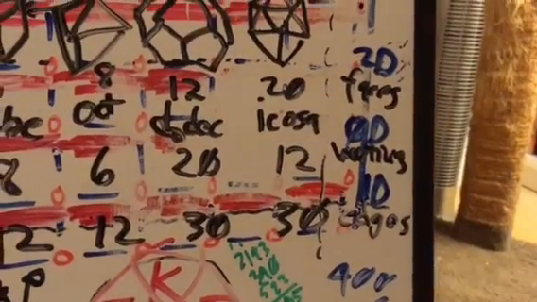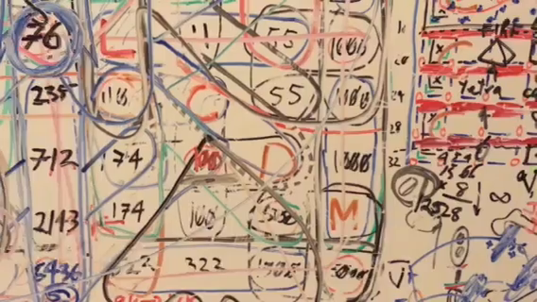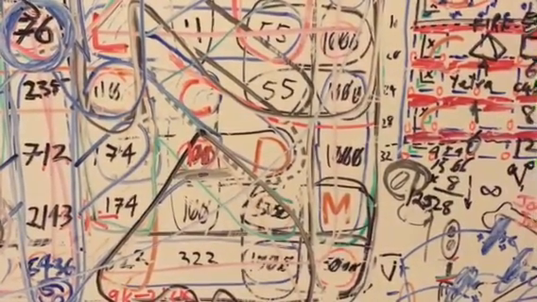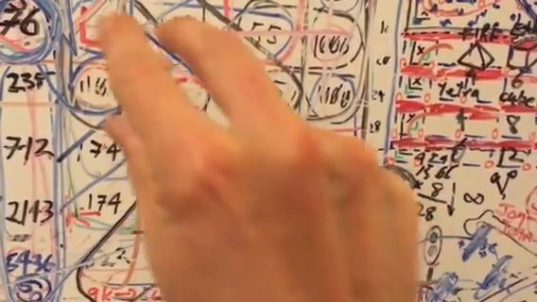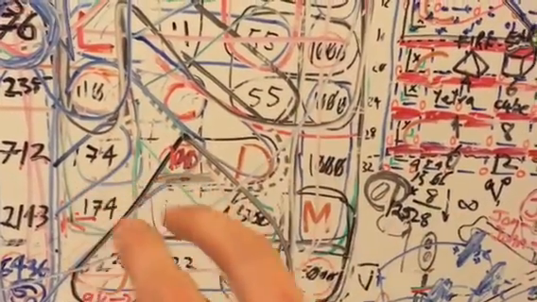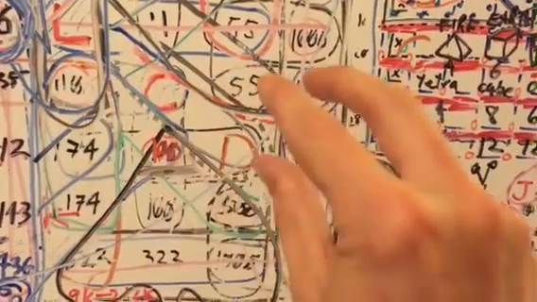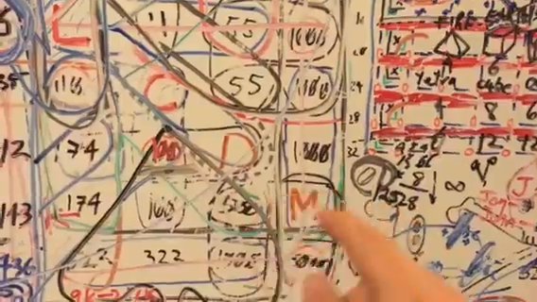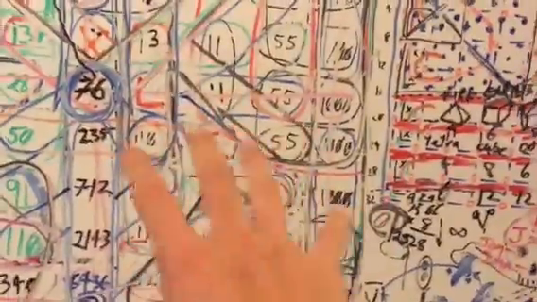And we have 12 two-dimensional faces. Okay, so how many of those do you have? You have 1, 2, 3, 4, 5, 6, 7, 8, 9, 10, 11, 12. Yeah, you have 12 fours. Alright, so that's your spirit, that's your dodecahedron.